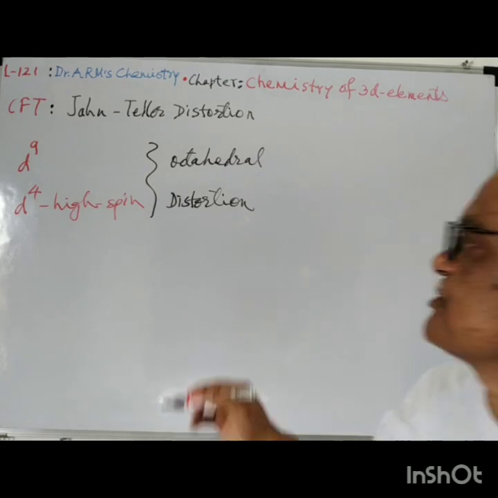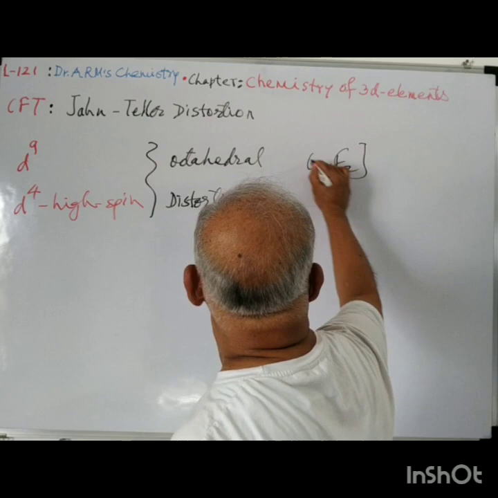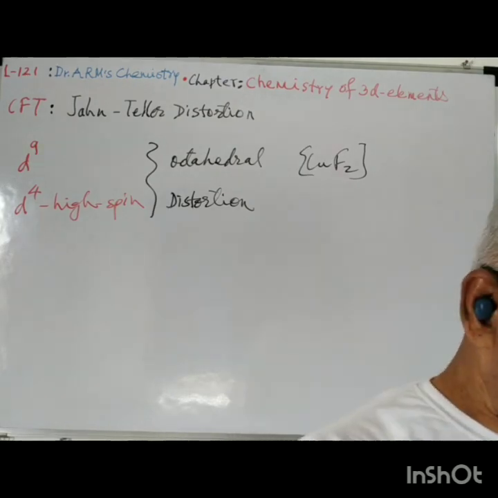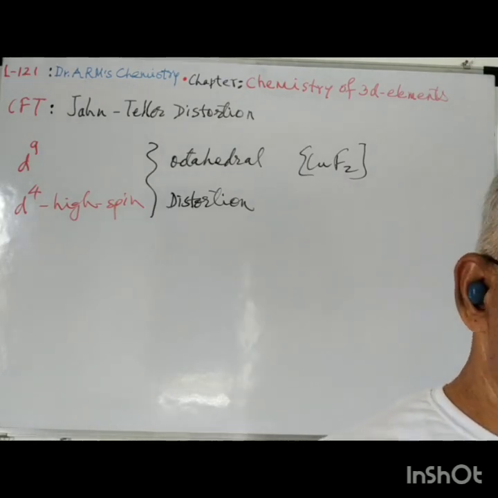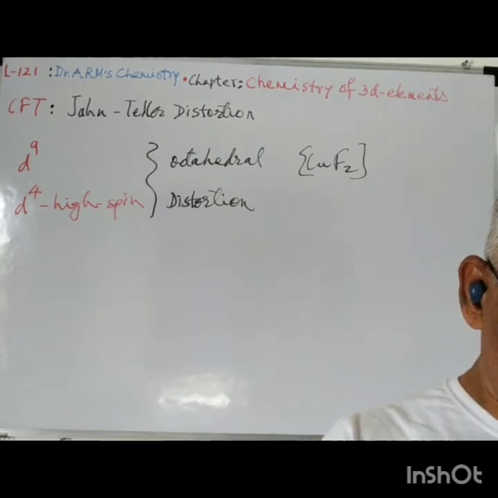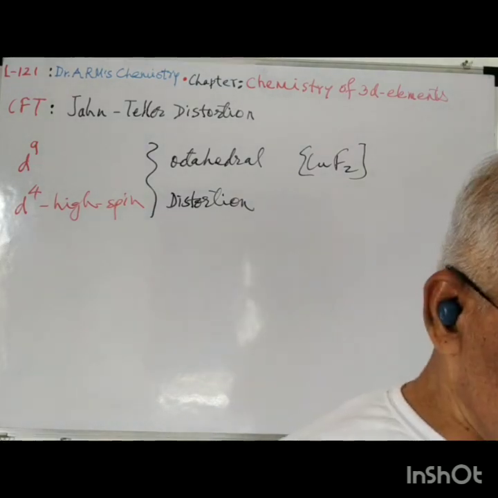For example, CuF2 in solid state shows the distortion around the metal ion, which contains the copper at the center.